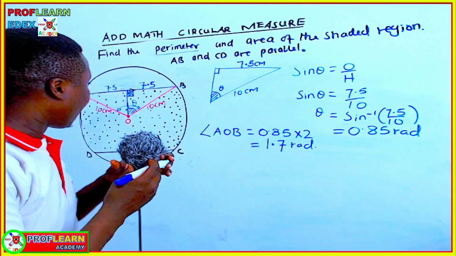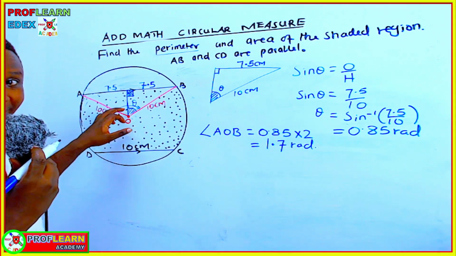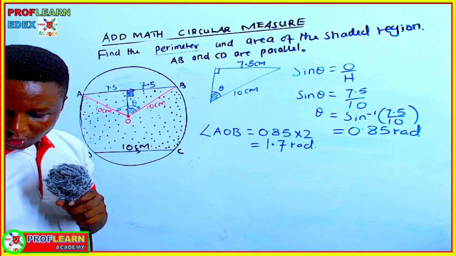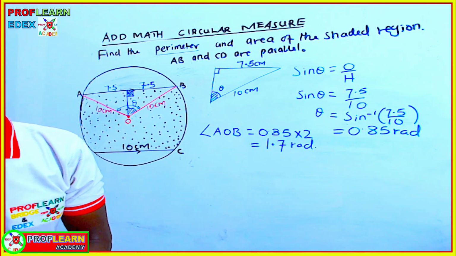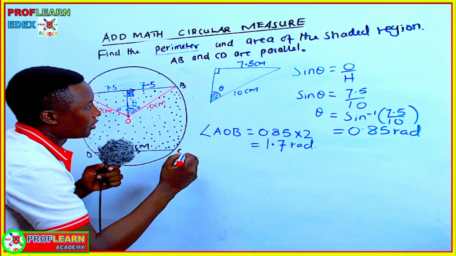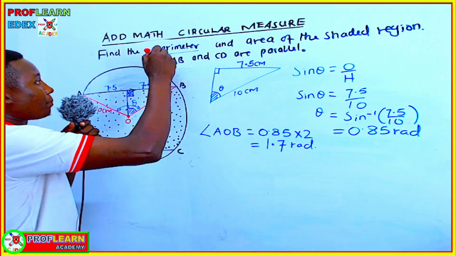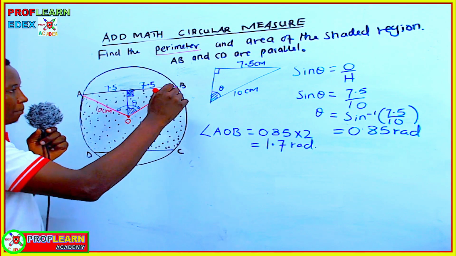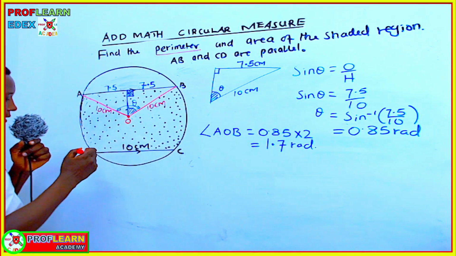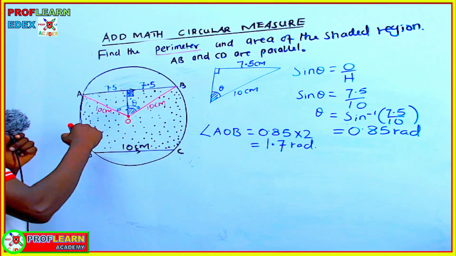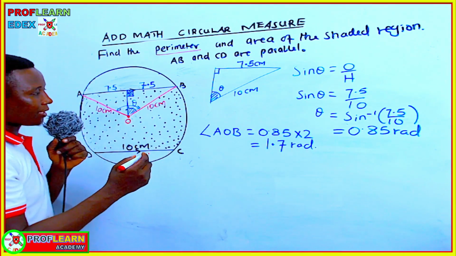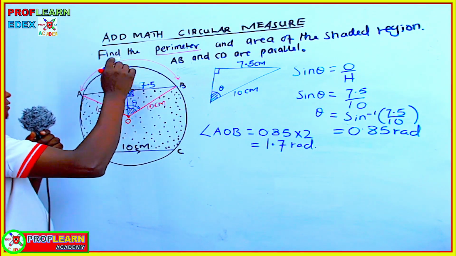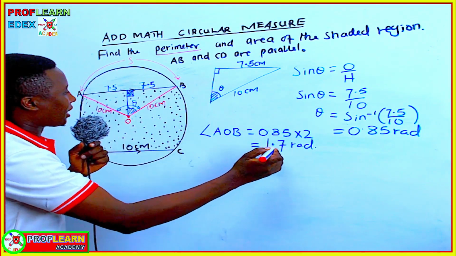Once I have this angle, I can find arc length AB. Remember, the objective of this question is to work out the perimeter of the shaded part, and the perimeter of the shaded part is going to be AB plus this part here plus CD plus DA. So I'll find this arc length, using this angle that we have obtained.